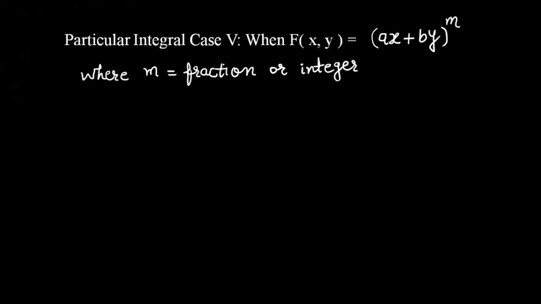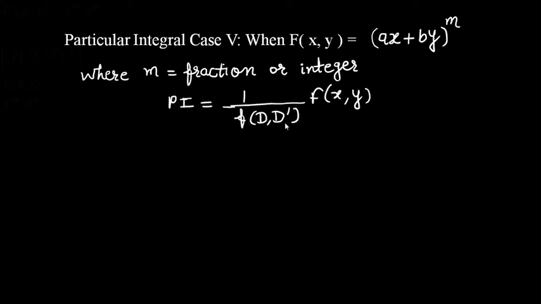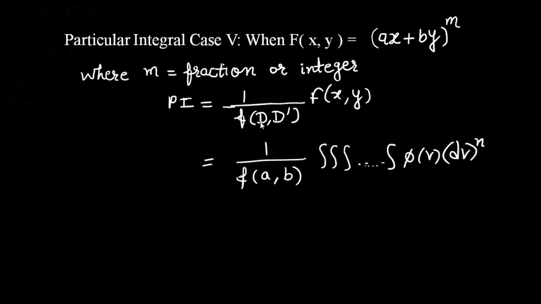Now case number 5, for finding particular integral. When the right hand side of the equation is (ax plus by) to the power m, where m equal to a fraction value or integer, then PI equal to, here we substitute D equal to a and D dash equal to b, and here ax plus by, this value we substitute as v, therefore this is the function phi of v dv.